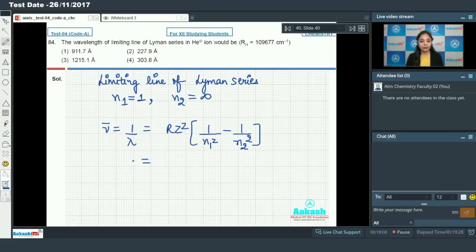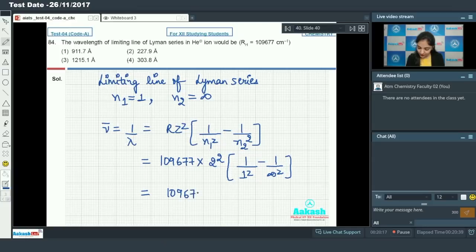The R value we have been given is 109677, and the Z value of helium plus will be equal to 2. So here it will be 2 to the power 2, and n1 we have 1 and n2 we have infinity. So it will be equal to 109677 into 4.